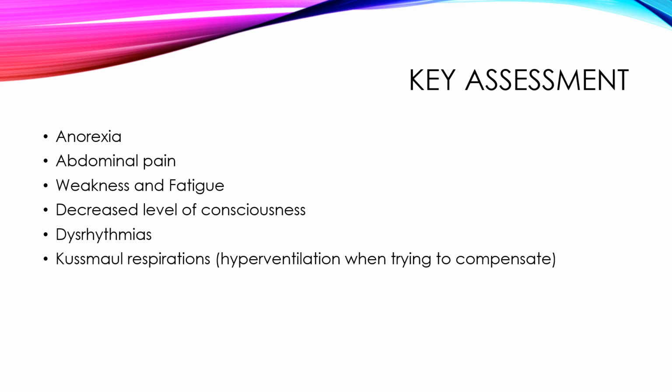Our weakness and fatigue, this is typically going to be due to that decrease in tissue perfusion. And remember, with hyperkalemia, we've already talked about those dysrhythmias and not being able to get the blood where it needs to go, so we've got a decrease in our tissue perfusion. This can also result in a decreased level of consciousness because we're not getting enough blood to the brain.